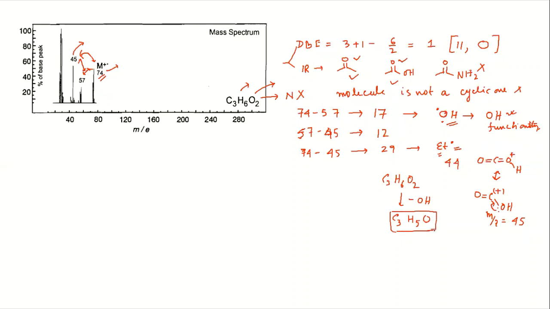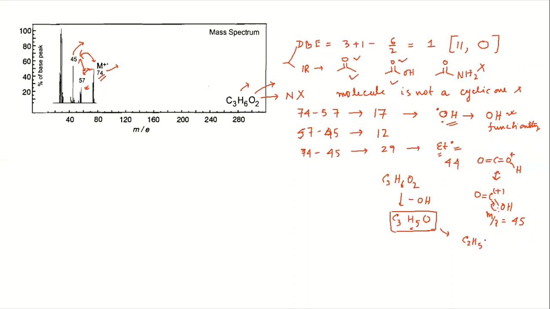This is the cation you are having, 57. Now you have H5, so what you can think is maybe you have C2H5 together.